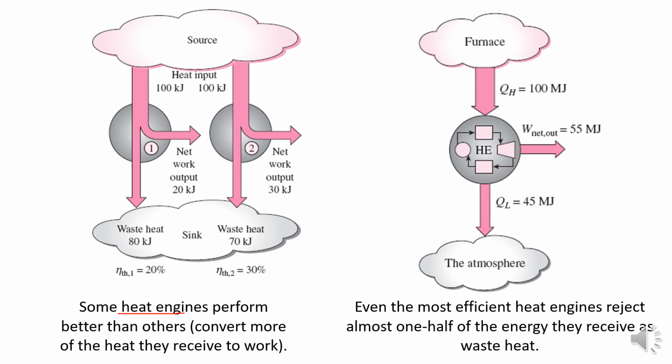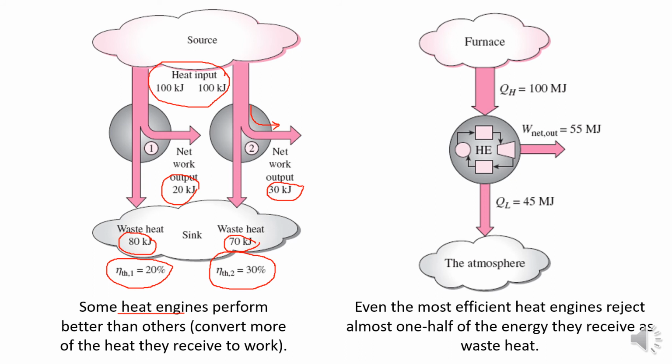For example, they both have the same heat input, but heat engine 2 has a work output of 30 kilojoules and releases waste heat of 70 kilojoules, whereas heat engine 1 has a work output of 20 kilojoules and releases 80 kilojoules. So by this we see that the thermal efficiency of heat engine 1 is only 20%, but the thermal efficiency of heat engine 2 is 30%.